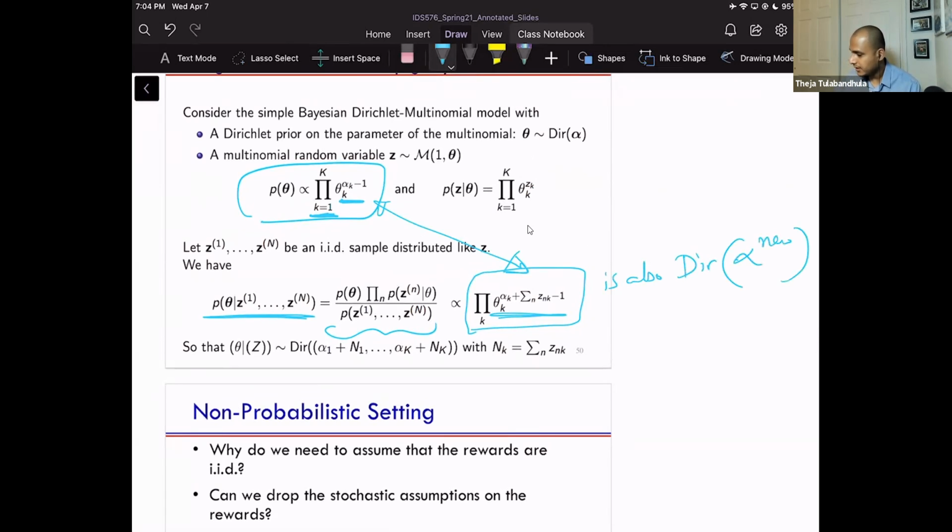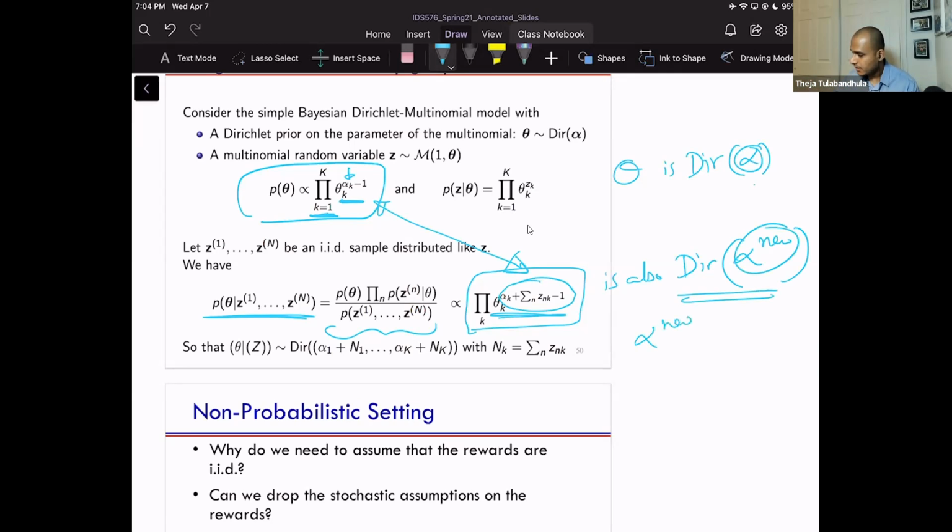Remember theta is Dirichlet with some parameters alpha. This is also Dirichlet with alpha nu, where alpha nu is just this new alpha. So instead of actually evaluating Bayes rule, you can just do this: if the previous alpha was a bunch of numbers, alpha 1, alpha 2, alpha 3, let's say in the 3-dimensional case, then alpha nu is very easy to compute.